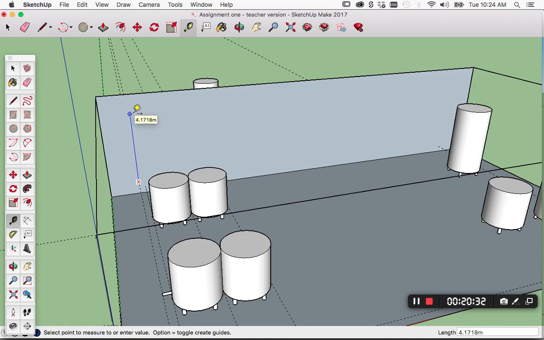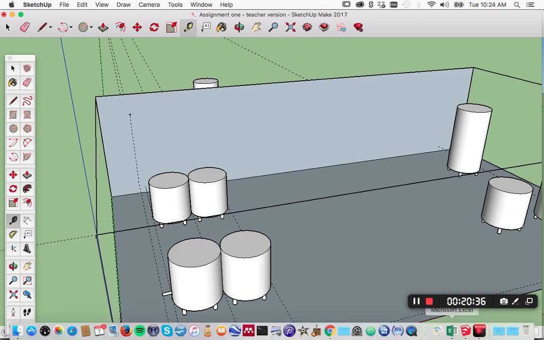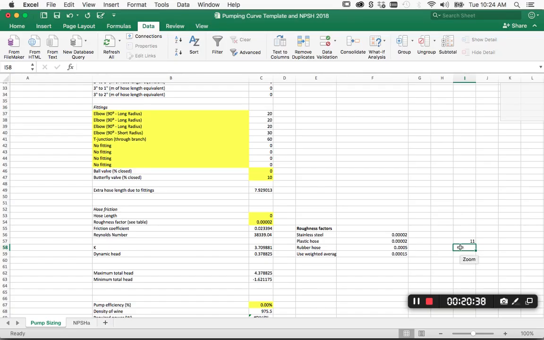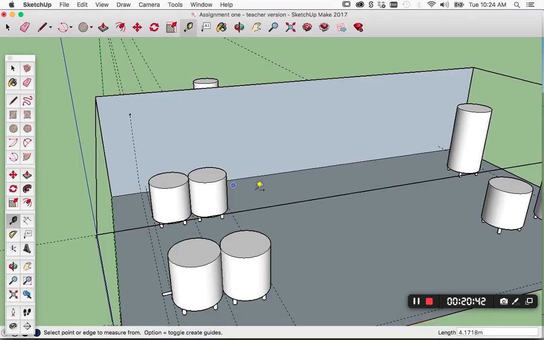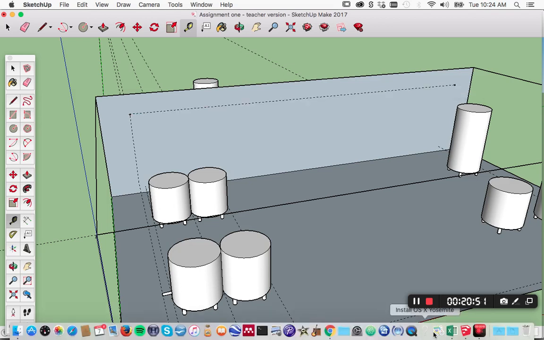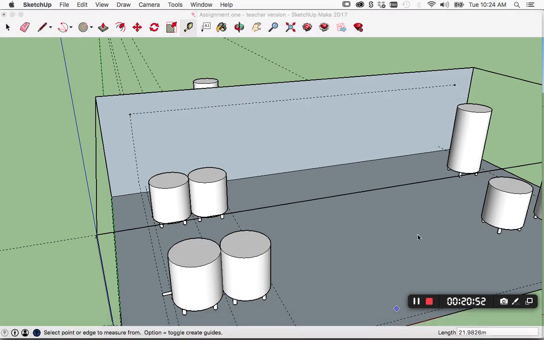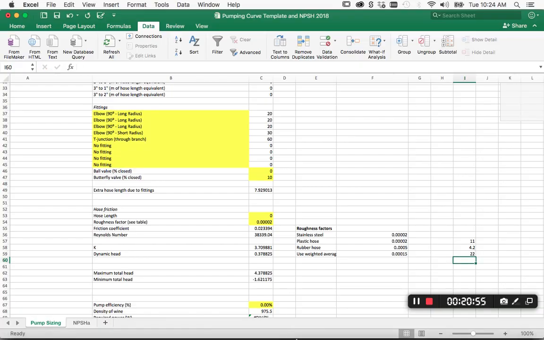Let's go up the wall. Let's go 4.17 meters. Let's go say 4.2. And we'll cut across. Golly, I hope that's the right spot. 22 meters. Can't believe I just used the word golly as well.